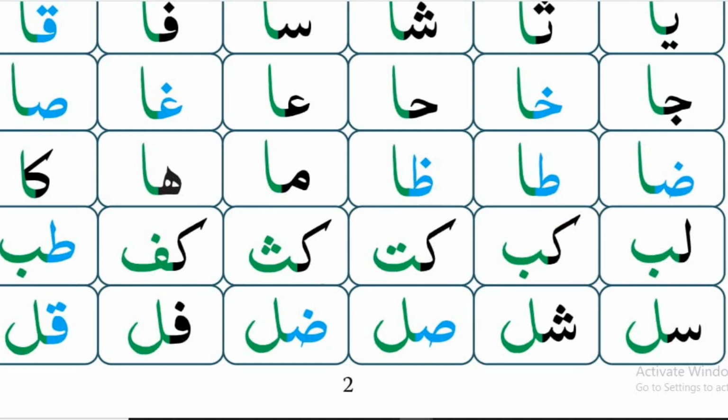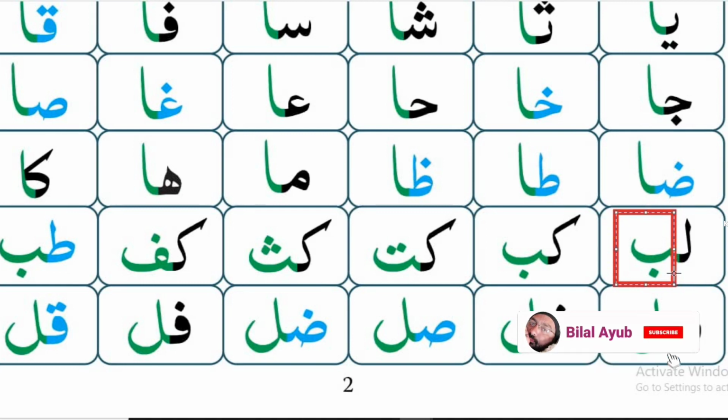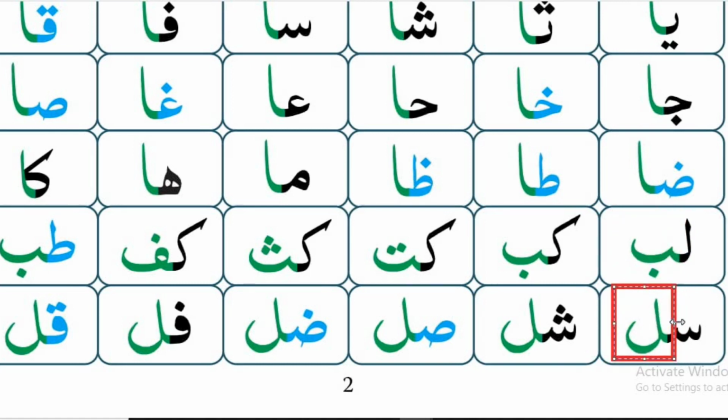Okay. Now this one, well, the second letter is the full shape, and remember, the last letter of the word will always be in its full shape. Like here, there are only two letters, so the second letter is the full shape of the letter. And here again we have two letters.